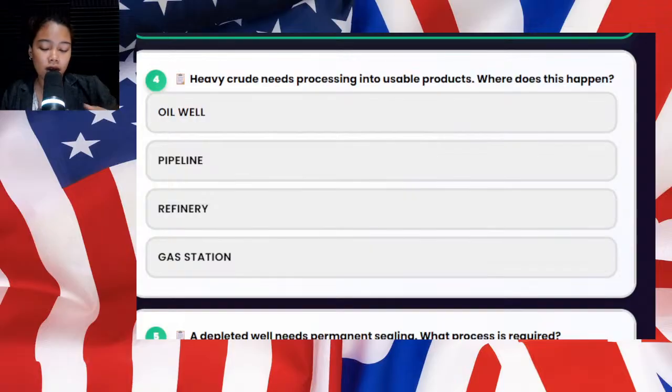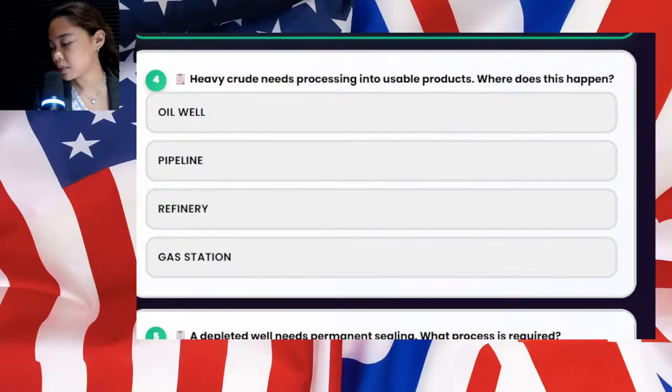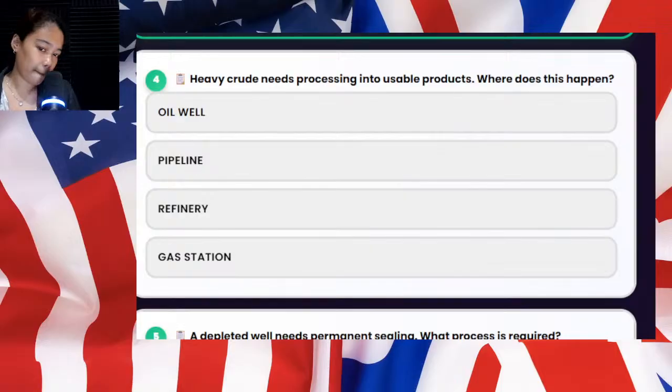Okay, share your answers in 10 seconds. Okay, what is your answer here? Again, the item is asking: heavy crude oil needs processing into usable products. Where does this happen?